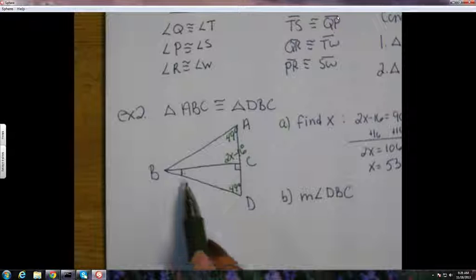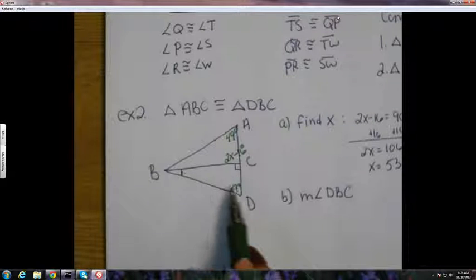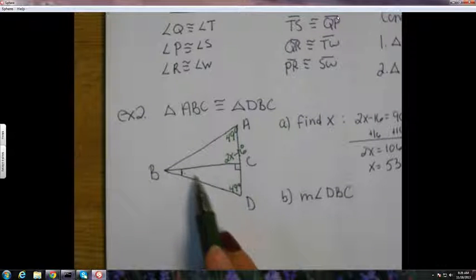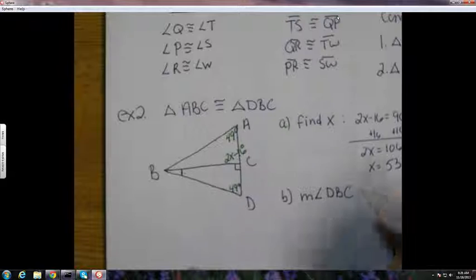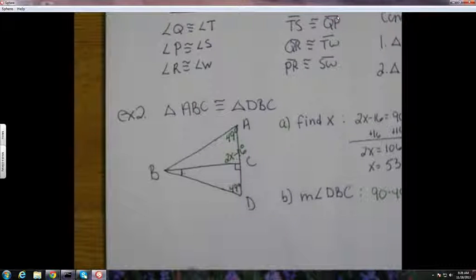Or what's the relationship for these 2, because it's a right triangle? We had that special one on Thursday. These 2 add up to just 90, because 90 is up there. So whichever one you want to use. I'm going to go 90 minus 49. What's 90 minus 49? 41.